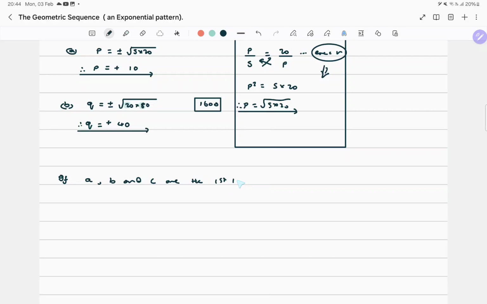They are the first three terms of a geometric progression. Therefore, we know that B is going to be plus or minus the square root of A times C, right? And we call B the so-called geometric mean. Ah, that's the one. We are using the concept of a geometric mean.